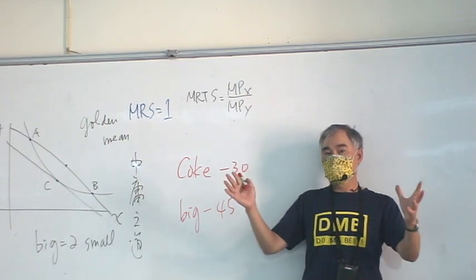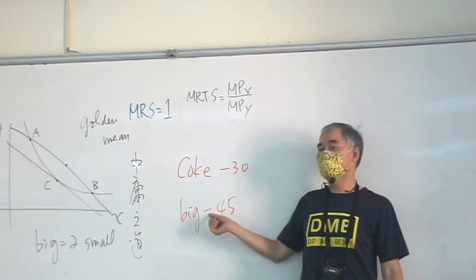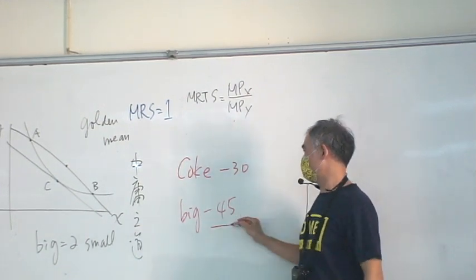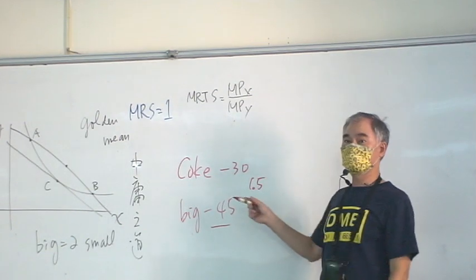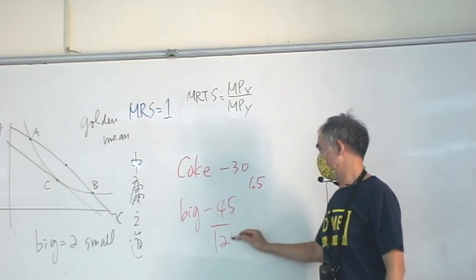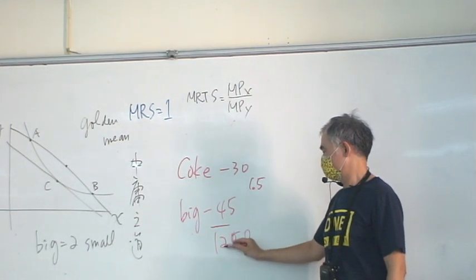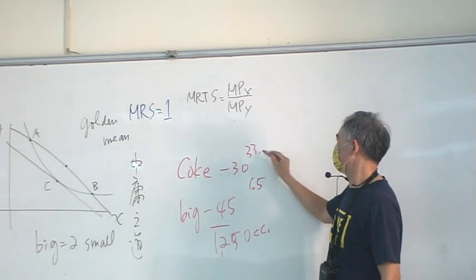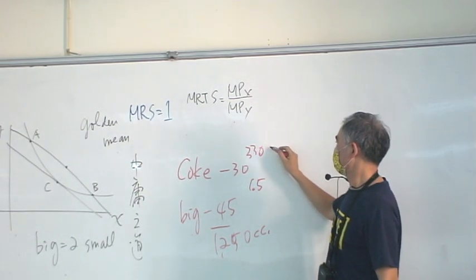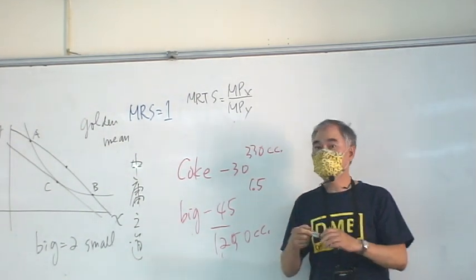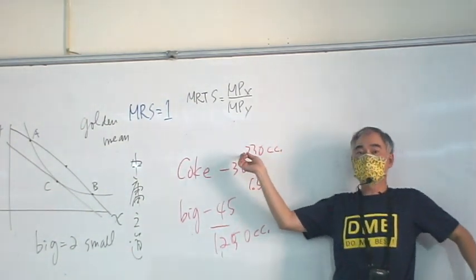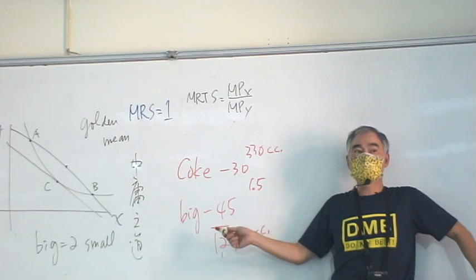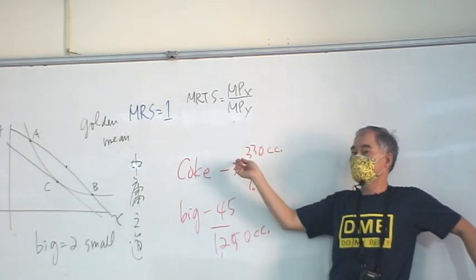For example, the price is 1.5 times, but this one can be 1,250 cc, and this one probably just 330 cc. In terms of per unit you buy, the big one is much cheaper. But why sometimes do you buy this rather than this?